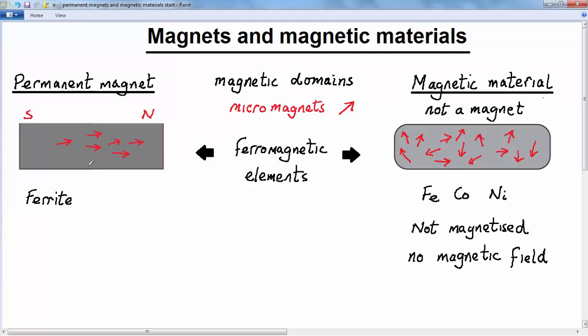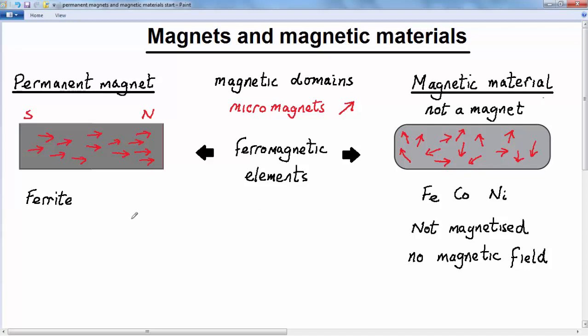In general these will be aligned from south to north. They won't be perfectly aligned, but they will generally be aligned in this direction. So one key difference between a magnetic material and a permanent magnet is that in a permanent magnet, the domains, these little micromagnets, are all aligned in the same direction, whereas in our ordinary magnetic material, they're randomly organized.